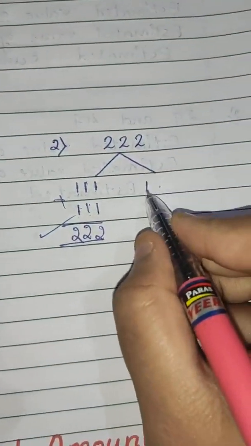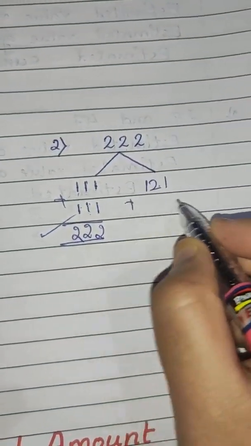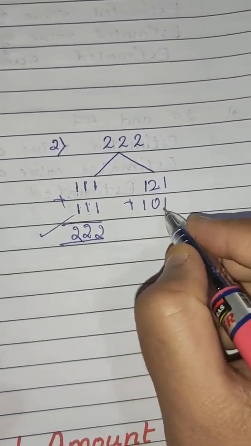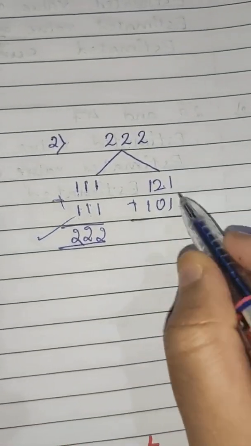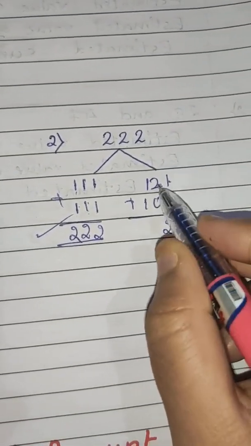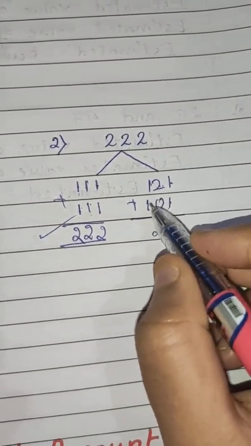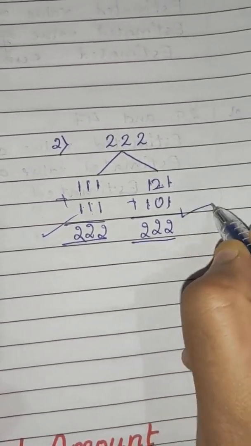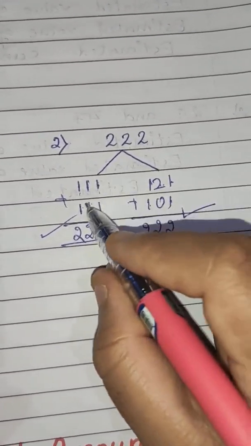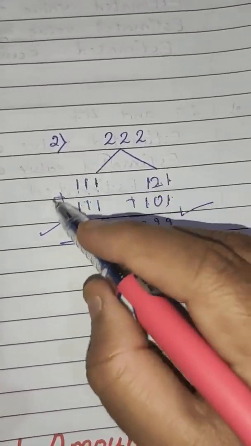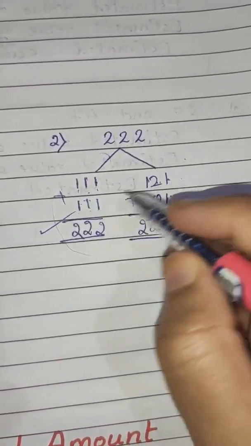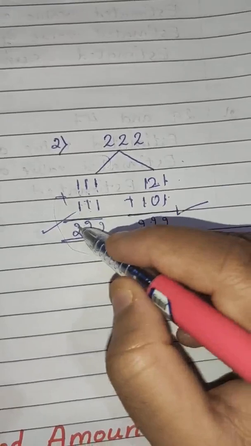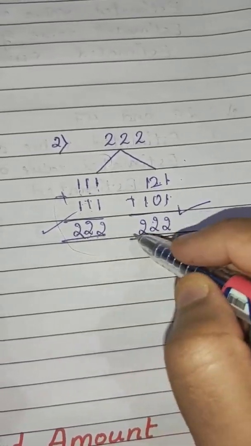So now I am going to take 121 plus 101. So let us add it. So 1 plus 1 is 2, 2 plus 0 is 2, 1 plus 1 is 2, means this is also correct. So see here, the numbers are different here. This problem is different from this problem, but when I added this number, I got the same answers, 222 and 222, right?